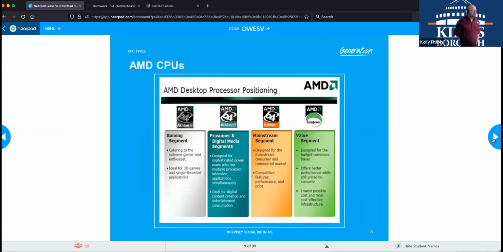So here is where they break down the chips. You have your gaming segment, which is like the Athlon, was it TX? Again, this is from about 5-6 years ago. This is going to have extremely high processing power, ideal for 3D games and 3D modeling.